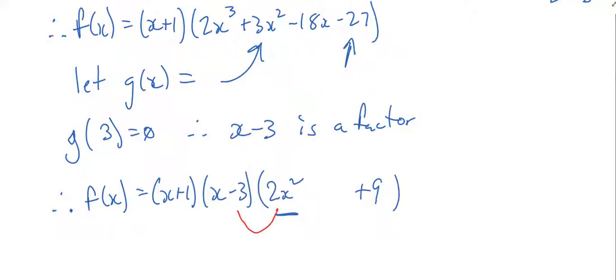This gives me negative 6x squared. This times this has to give me something so that I get positive 3x squared. So what does it have to be? So this has to be 9x squared.